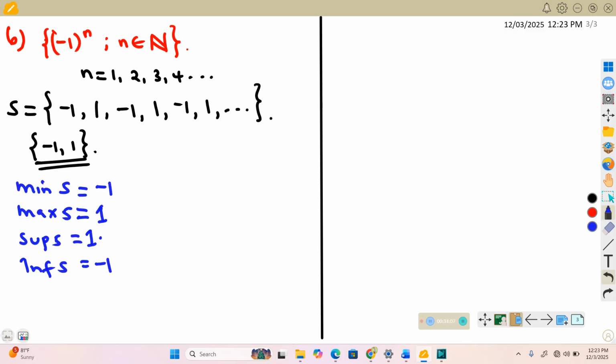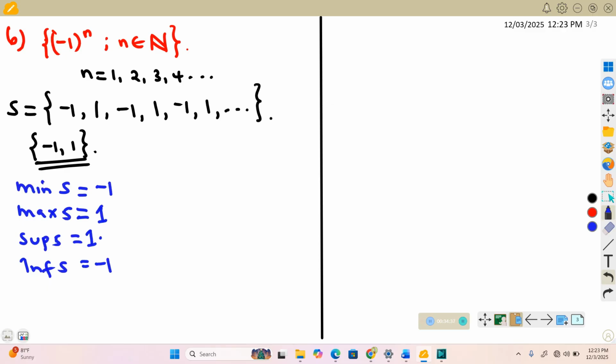But if the minimum exists, it will be equal to the infimum, and if the maximum exists, it will be the same as the supremum. However, the vice versa is not true.